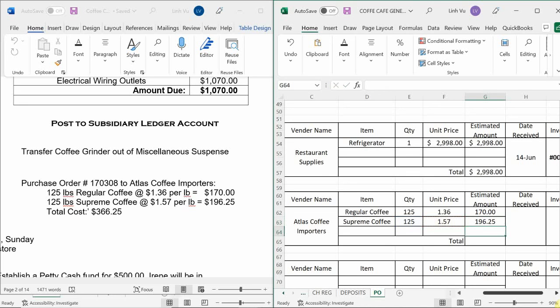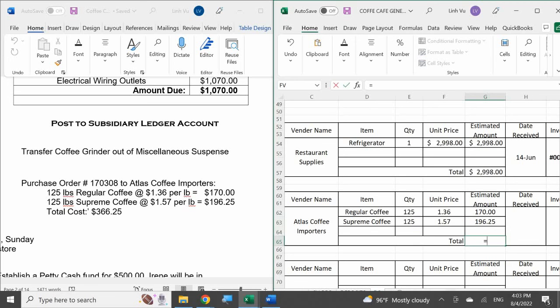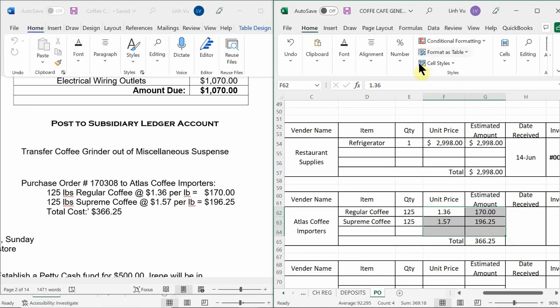It's already pre-calculated right here on our form, but that's okay. We need to put the formula in anyway for everything, right? Okay. So grand total $366.25 is what we are requesting.